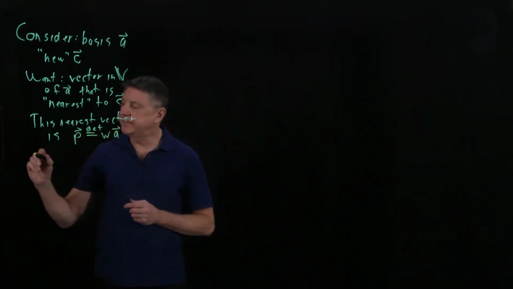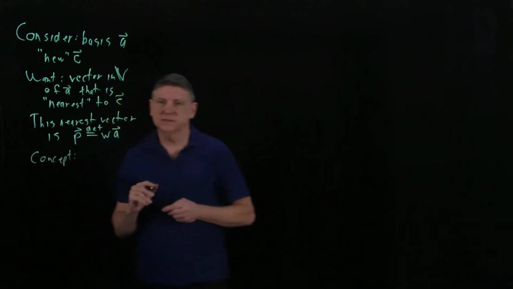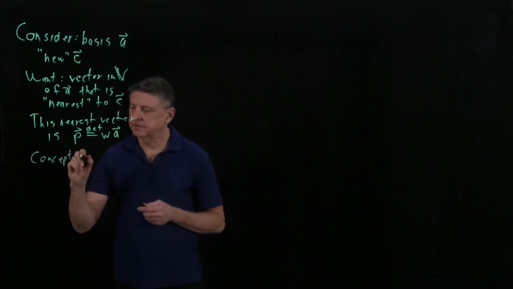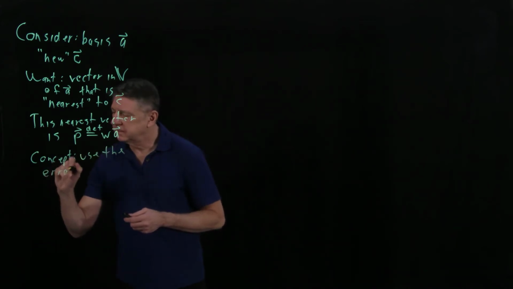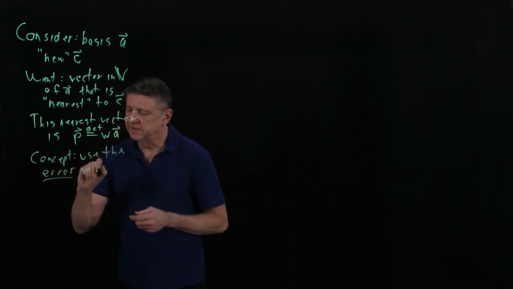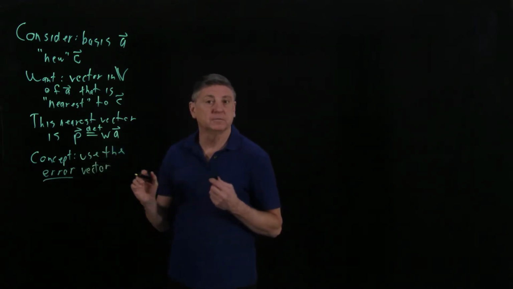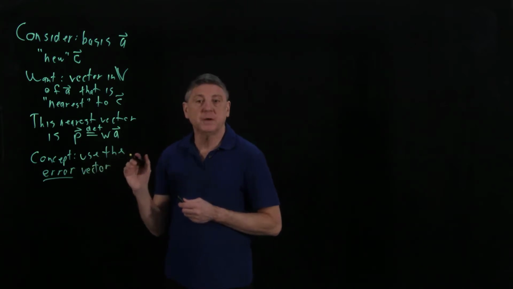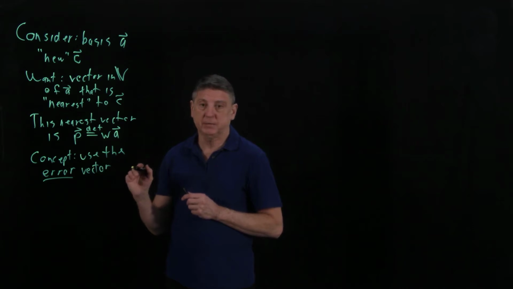So the concept that we have is we'll work from the error vector. This is a powerful concept in a lot of data analysis, where what we do is we form an error vector and then we try to minimize the magnitude of that error vector.